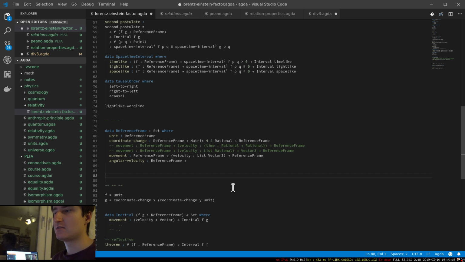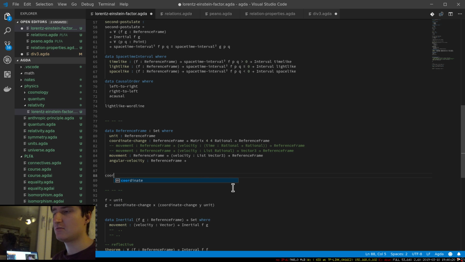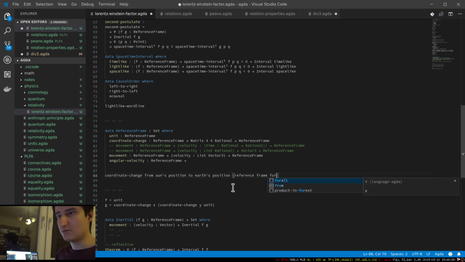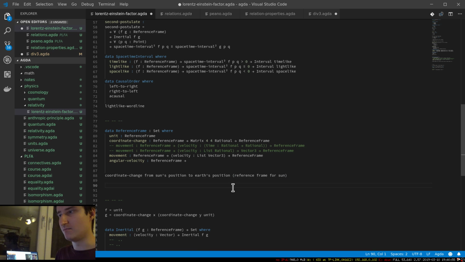So the first case could be a coordinate change from Sun's position to F's position from Sun's position, given a reference frame for the Sun, and in the next case we would have the above, but with angular velocity equal to Earth's rotation.